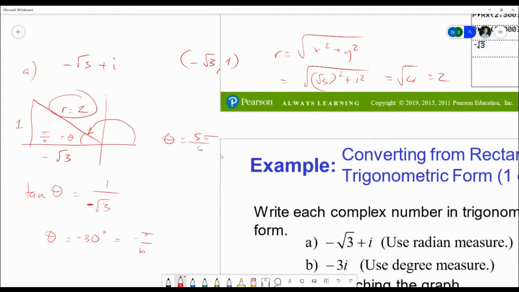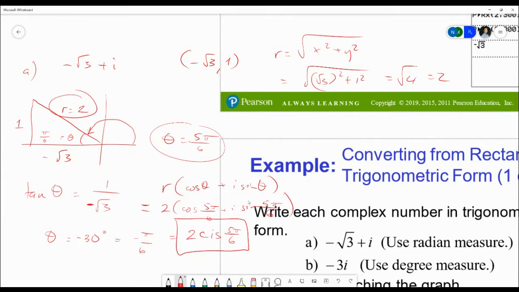So we got r, we got theta, we can rewrite it as r cosine theta plus i sine theta, which is 2 cosine 5 pi over 6 plus i sine 5 pi over 6, or r cis, oh wait, r is already there, 2 cis 5 pi over 6.